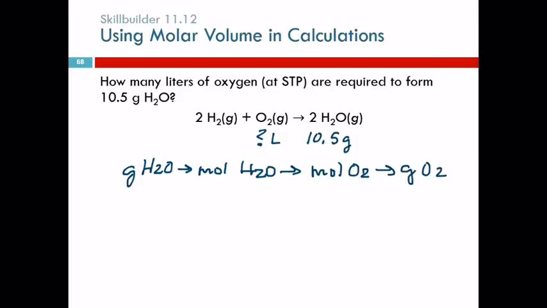That's what we're used to, or should be used to. But we're going to just take a little detour on the end, and we're going to go to liters of oxygen at STP. STP means standard temperature and pressure. That means you can use the shortcut, which is the molar volume of a gas, 22.4 liters per mole.